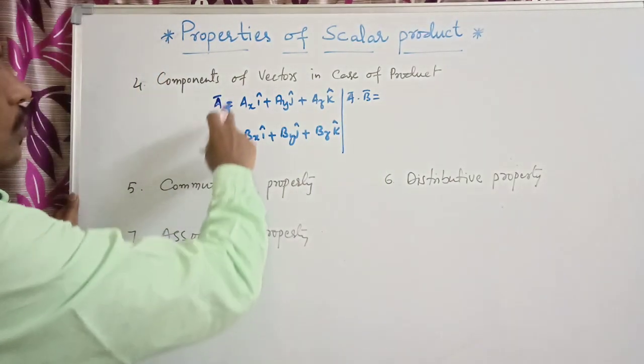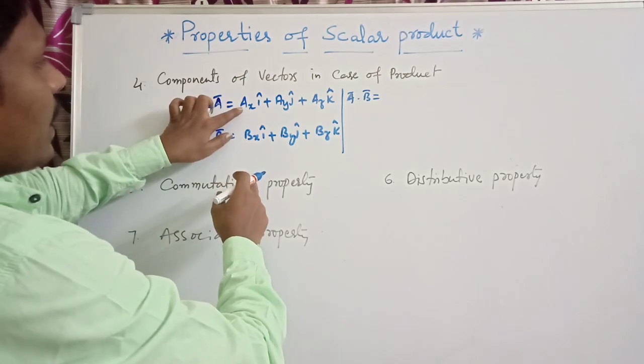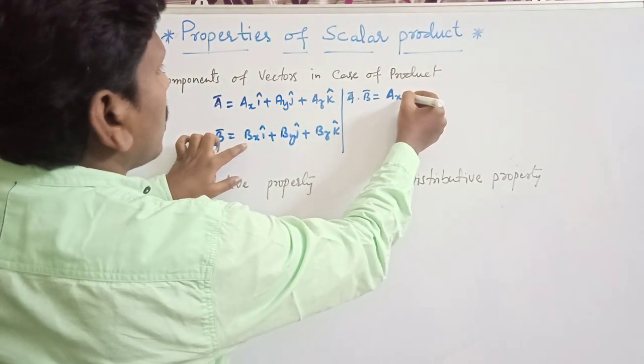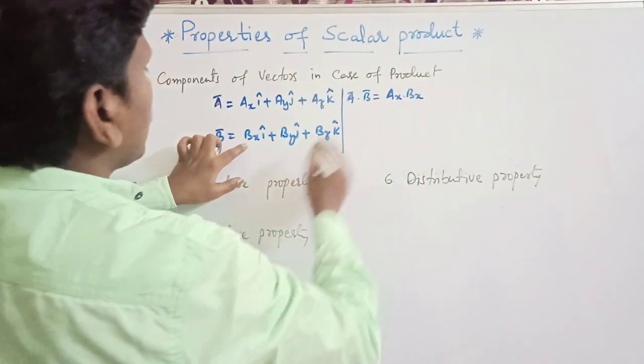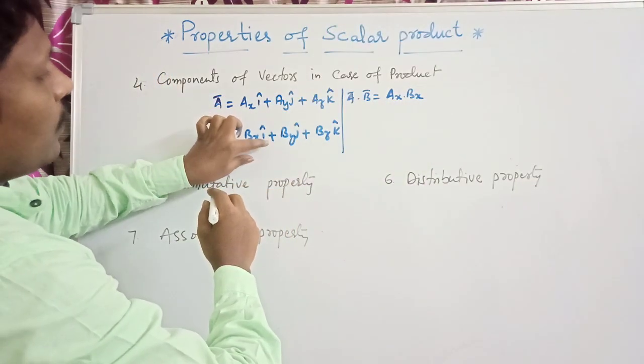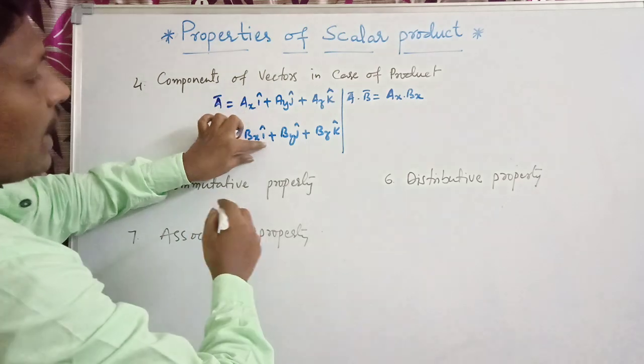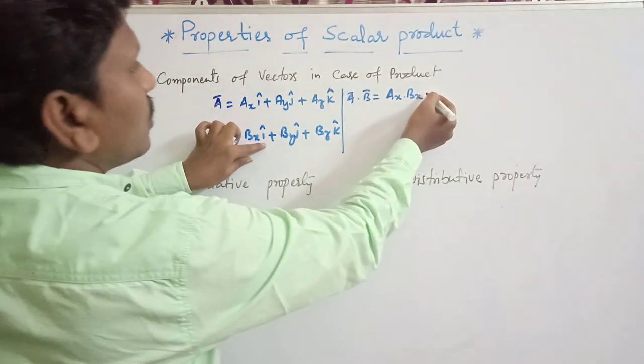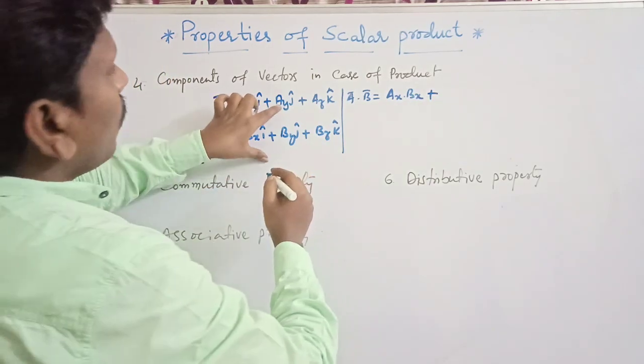If we take the product, ax into bx, i cap dot i cap is nothing but what? Unity, that is 1, so that is 1 plus.